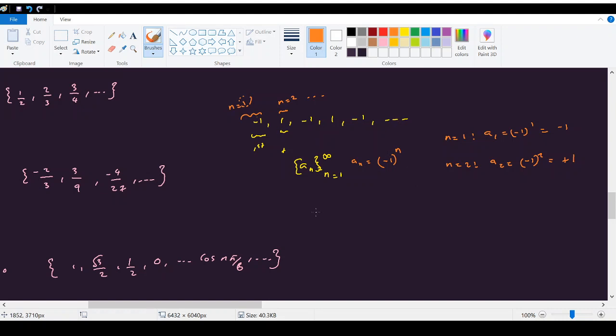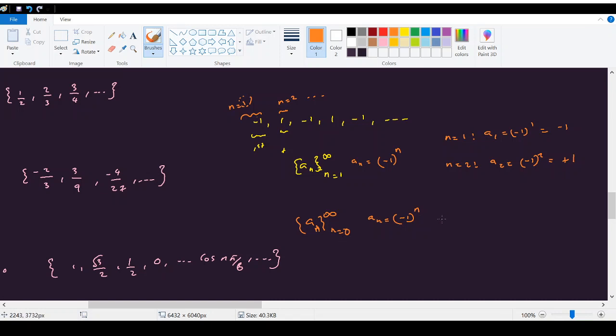But let's say we start our sequence with n equals 0. You can start the equation from any number, that's totally fine as long as it is a whole number. So if we start with 0 and it goes to infinity, and we write the equation like this, see what will happen.